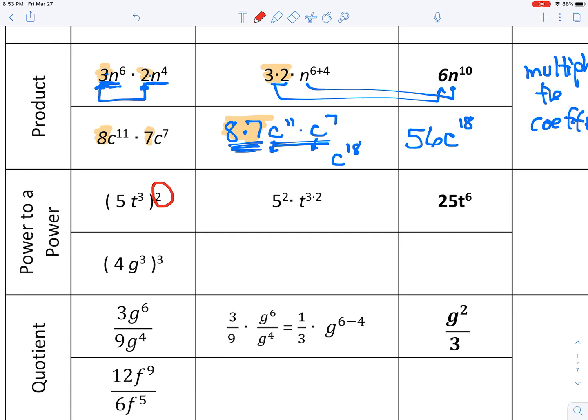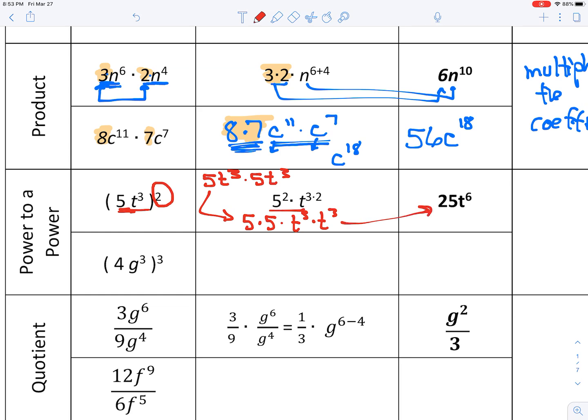To square something really means to multiply whatever is inside being squared times itself. 5t cubed, that's 5t cubed times 5t cubed. And now we're kind of just where we were with the product law. We can gather those 5's. I'm going to put an arrow here and say it's 5 times t cubed times t cubed. Then that becomes 25t to the 6th.